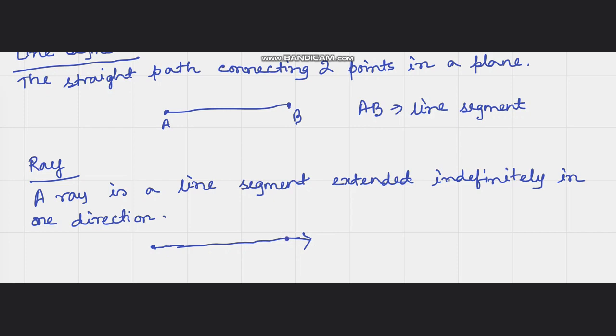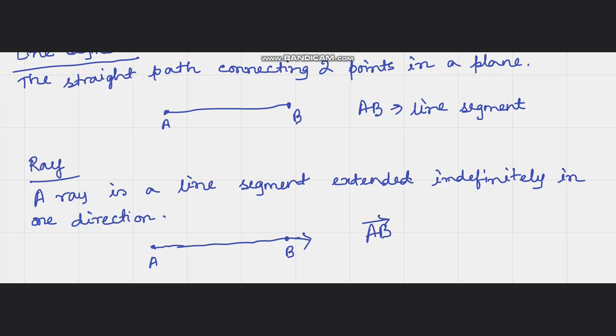Let us name this initial point A, and if we mark any point B on this line, this ray will be denoted as AB, and on top of it we have to put the arrow. This arrow indicates that it is a ray.